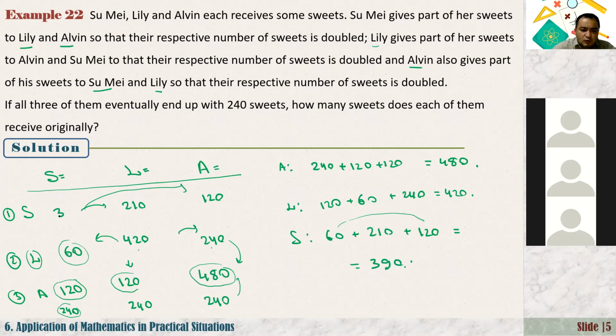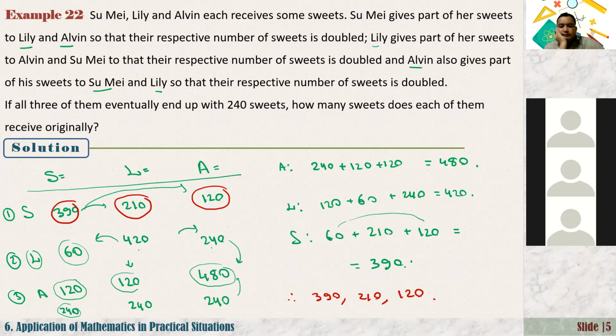So Sume originally had 390 candies, Lily originally had 210, and Alvin had 120. The answer is: the first is 390, the second 210, and the third 120.